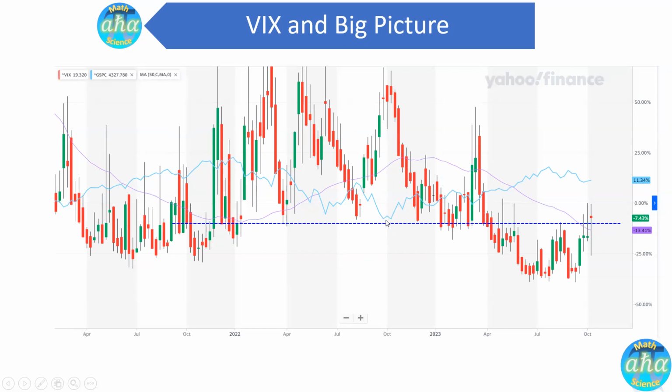In fact, the low of this bear market was October of last year. Now we are in a very interesting situation in terms of the near-term, intermediate-term frame, where the VIX just spiked above this 50-week moving average.